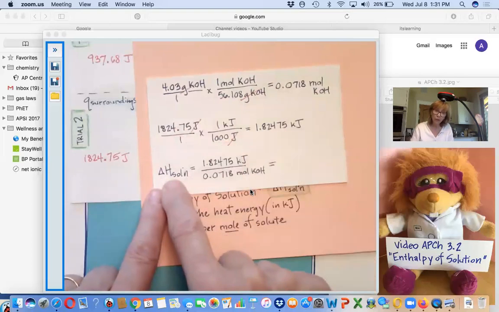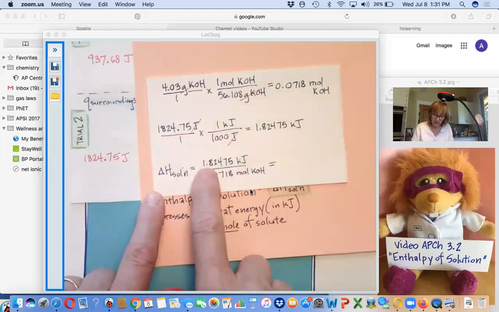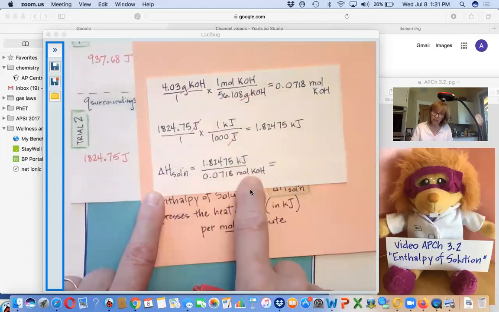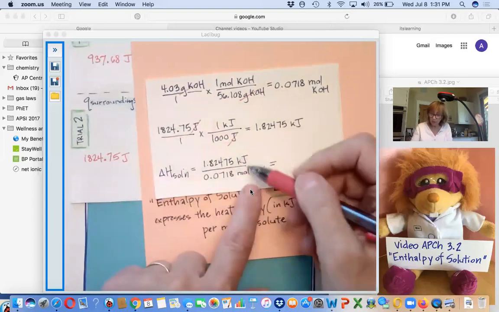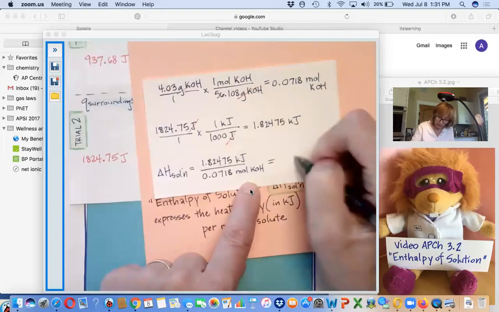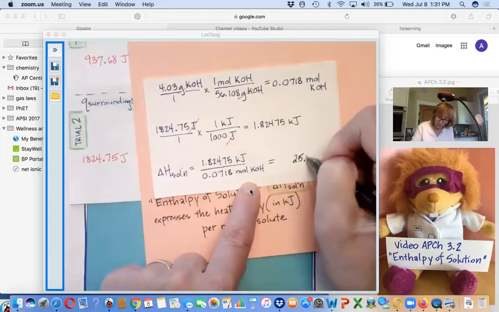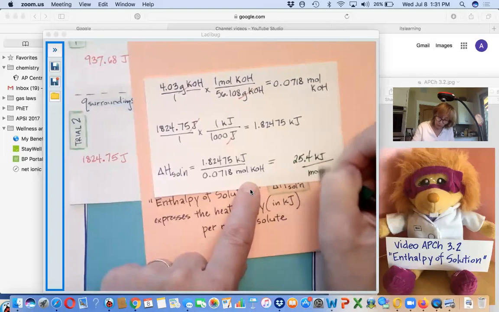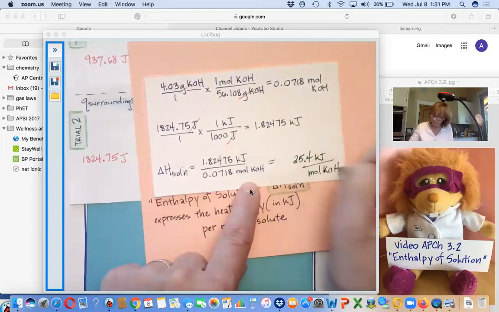Now my enthalpy of solution, or change in enthalpy, is the value of Q for that reaction divided by the moles of solute I used in that reaction. And that quotient turns out to be 25.4 kilojoules per mole of KOH.